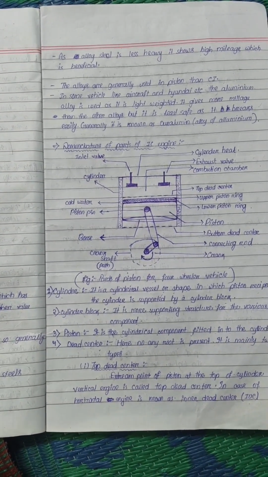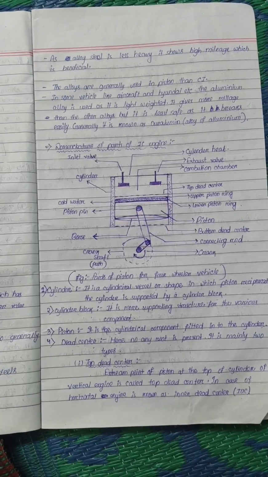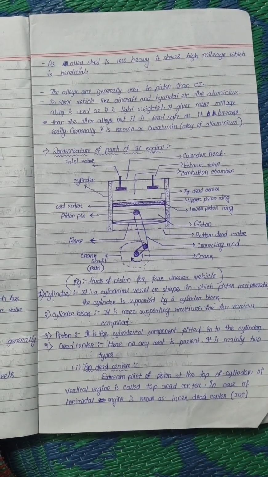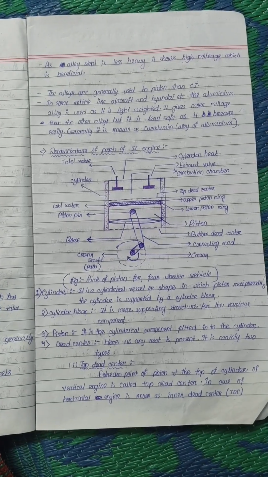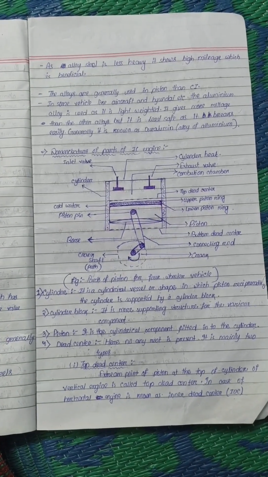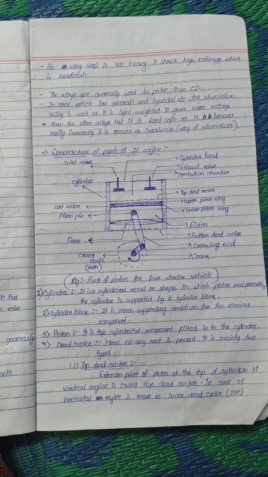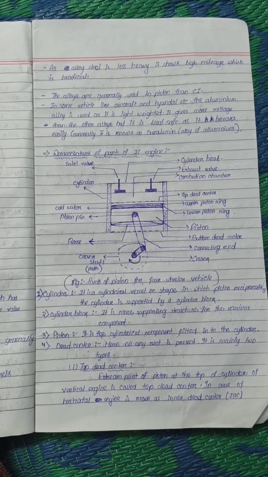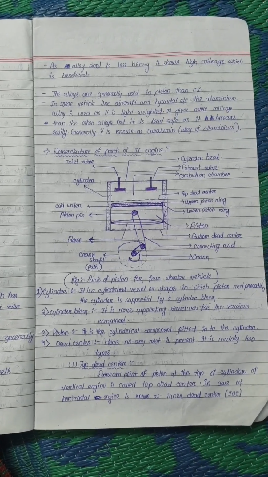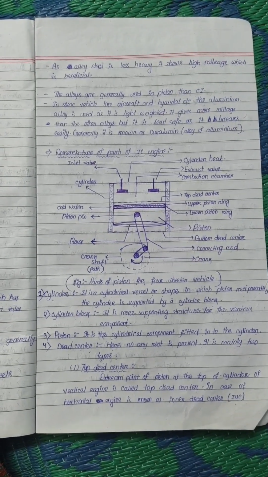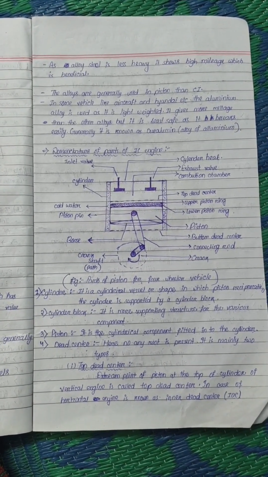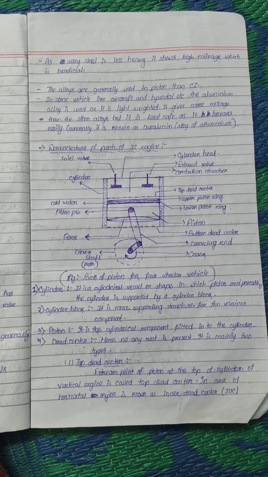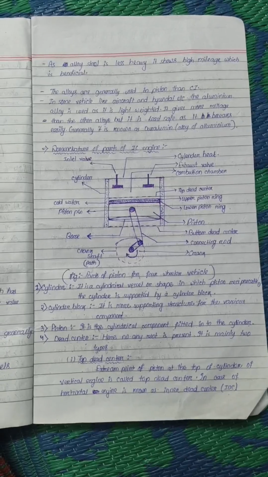And the alloys are generally used in pistons of combustion engines. In some vehicles like aircraft, Hyundai, etc., aluminum alloy is used as it is lightweight. It gives more mileage than the other alloys, but it is least safe as it breaks easily. Generally, it is known as duralumin, an alloy of aluminum.